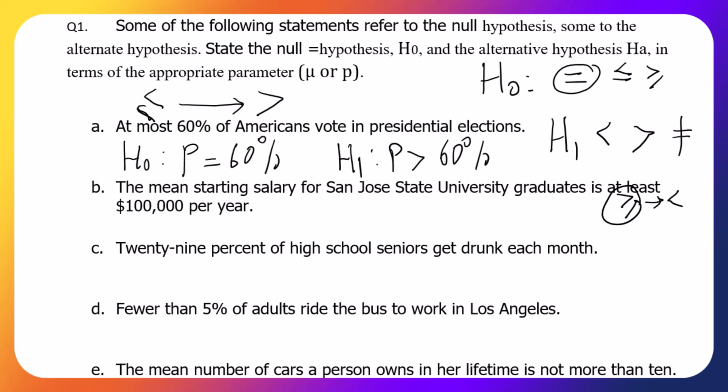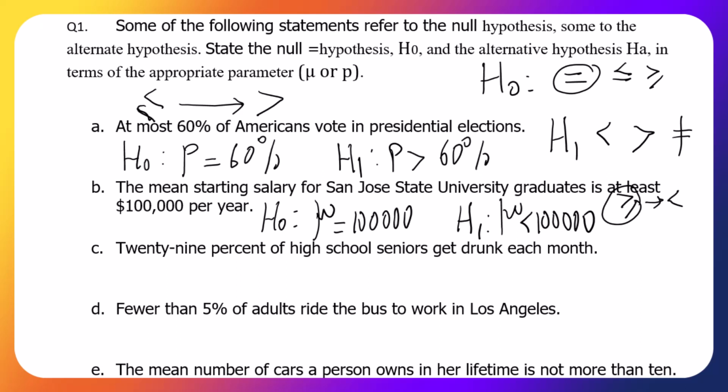So this is going to be replaced with equal, and then less than will go to the alternative hypothesis. And since this is about mean, we're going to use the symbol of mean. H0: mean equals 100,000. And then H1, the alternative hypothesis, will be mean less than 100,000.